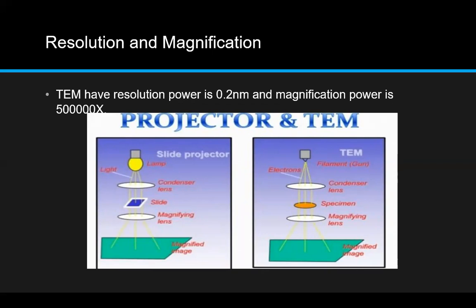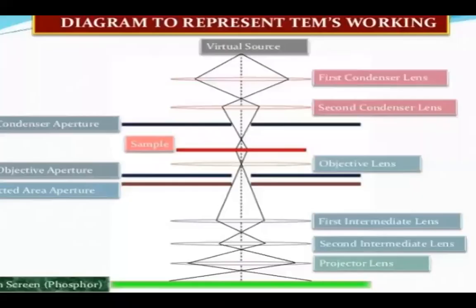Transmission electron microscope working: the main components of the transmission electron microscope are the virtual source, that is a filament gun, the first condenser lens, second condenser lens, objective lens, first intermediate lens, second intermediate lens and the projector lens.